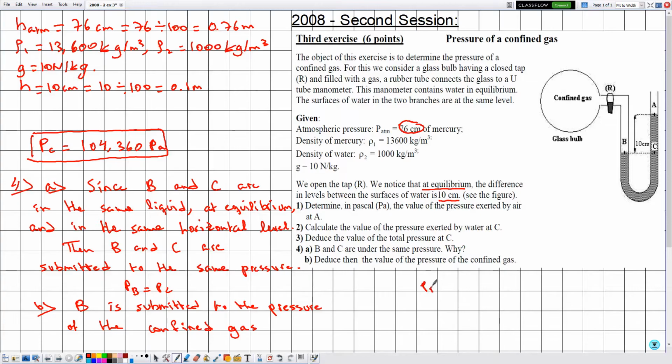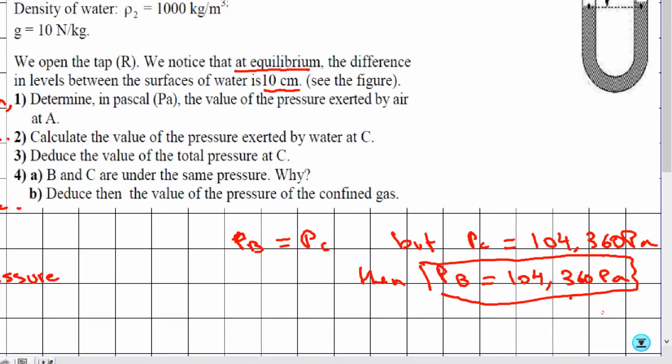But we know that PB is equal to PC, and we have already determined the value of PC. PC is equal to 104,360 Pascal. Then in this case, the pressure at the point B is given by 104,360 Pascal. So the pressure of the confined gas is given by this value.